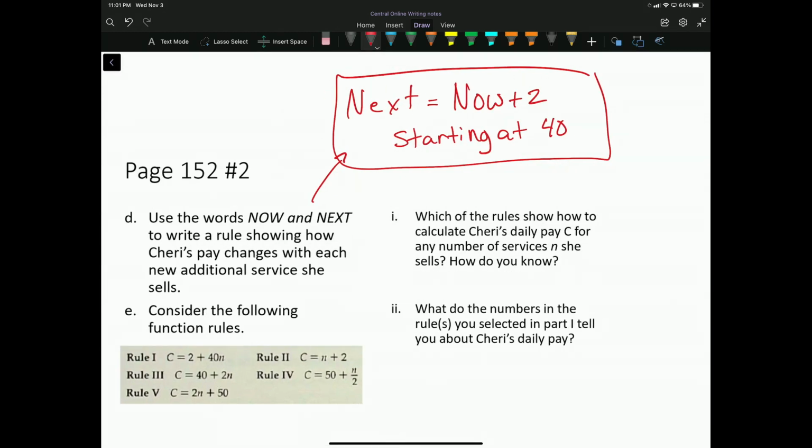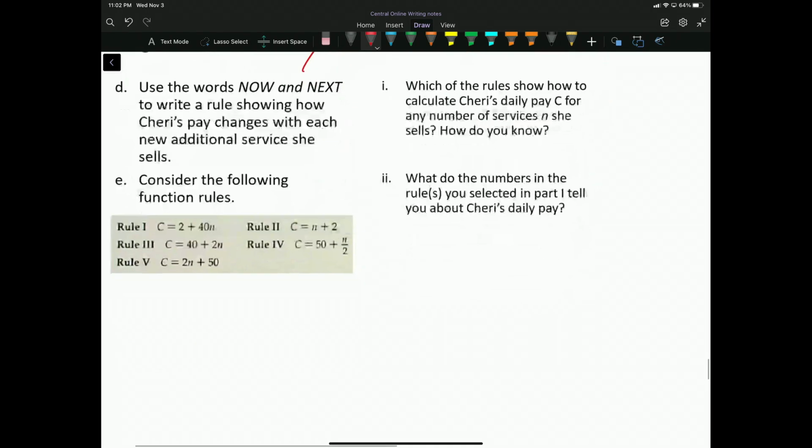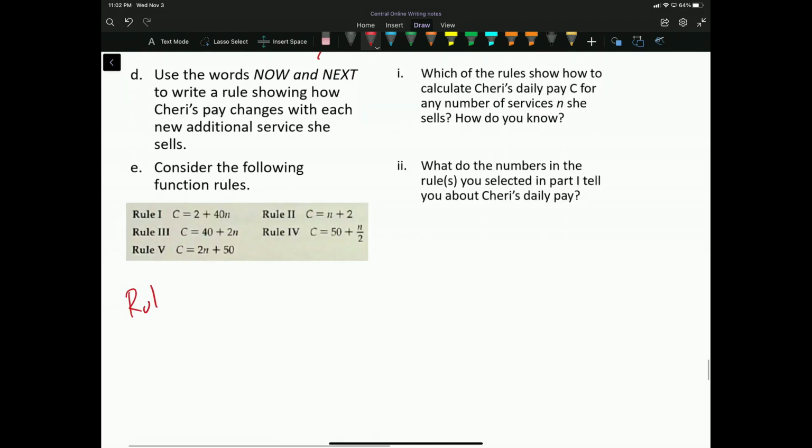I'm going to consider the following rules now. So we have rule 1. We have all these rules. Which of the rules show how to calculate Sherry's daily pay for any number of services N she sells, right? So if we look at each of these, if I were to plug these in, let's take a look at rule 1. So we have C equals 2 plus 40N.